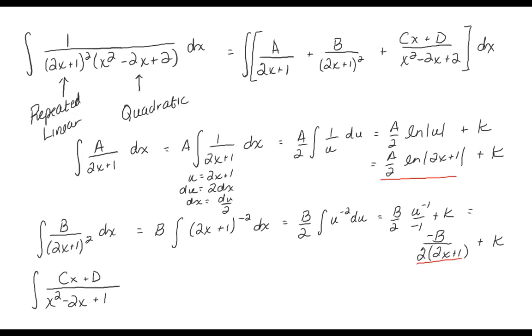Right. And that means I'm just really splitting that 2 up into 2 pieces. Plus 1, because I already had 2 dx. So this is the integral of (cx plus d) over ((x minus 1) squared plus 1) dx.